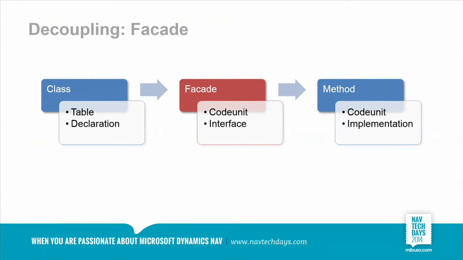You don't connect the class directly to the method, but you have a facade in between. There is no content code in that facade; it does nothing else but know where this method is implemented. So it only finds the code unit that actually implements the action, the method that you want to execute from the class.